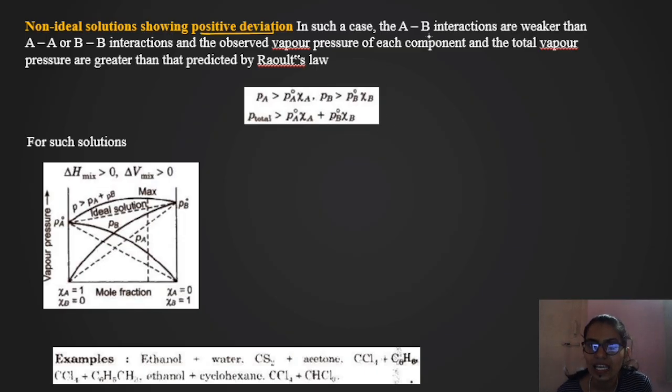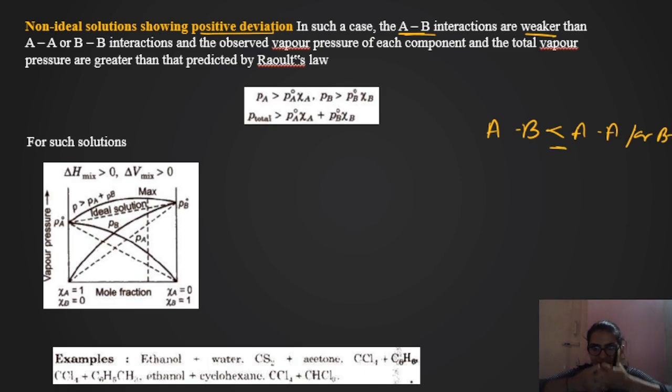An ideal solution which shows positive deviation. As I said, AB interaction is weaker, lesser than AA or BB. If the interaction is lesser, it means they'll convert into vapor form easily.